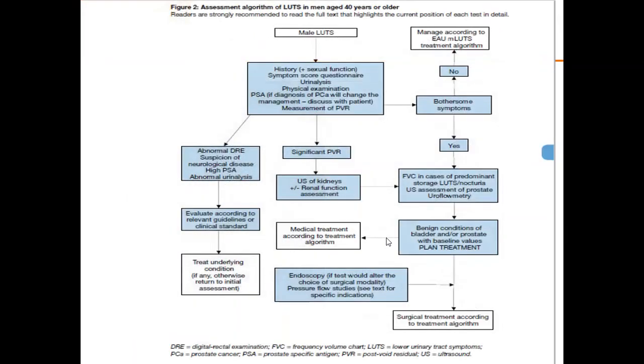This is the assessment algorithm for lower urinary tract symptoms in men. If a patient presents with lower urinary tract symptoms, we start with a history, then move on to a symptom score, then urinalysis, physical examination including DRE, and PSA if a diagnosis of carcinoma of the prostate is suspected, and measurement of post-void residual volume.